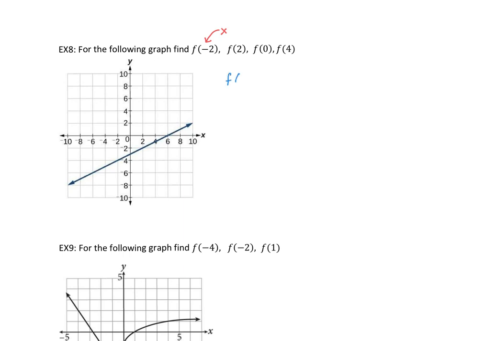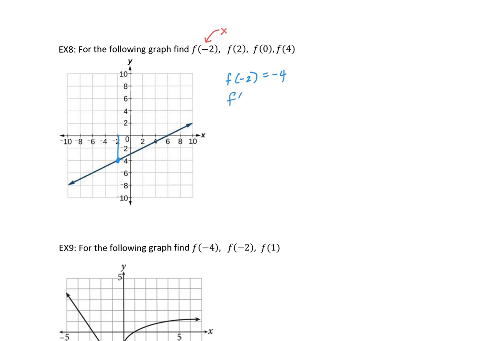So this first f of -2, I'm going to go to -2 on the graph, and then I'm going to go down to where the graph intersects at this point, and the y value that goes with an x value of -2 is -4. So f of -2 is -4.